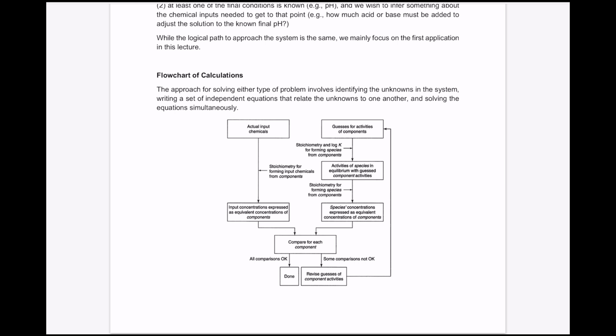We have the actual input, and this logical flow chart gets us eventually to a result that is acceptable based on the criteria we define. It's a very logical path for any calculation on speciation. So it's just to show you what's happening behind the scenes.